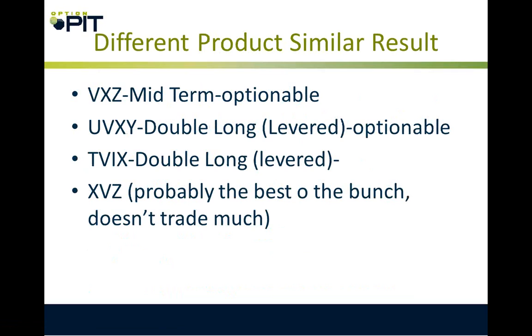Then you've got UVXY, which is the double long and levered. If you think VXX is bad, UVXY makes VXX look like a super profitable product. It's so bad. UVXY and TVIX are impossible to own for more than a couple of minutes.